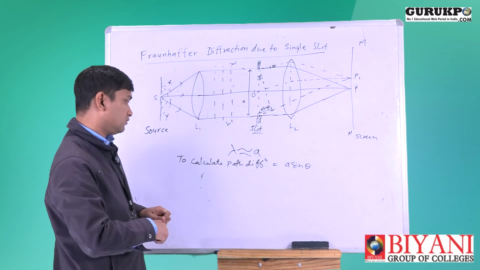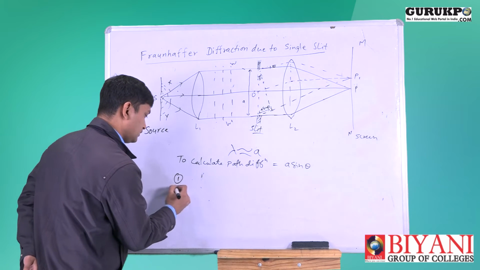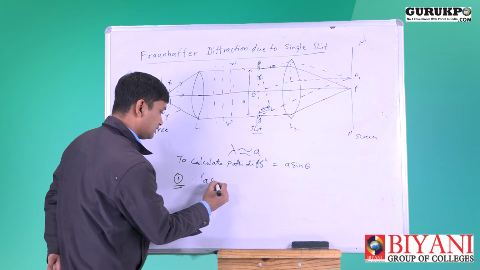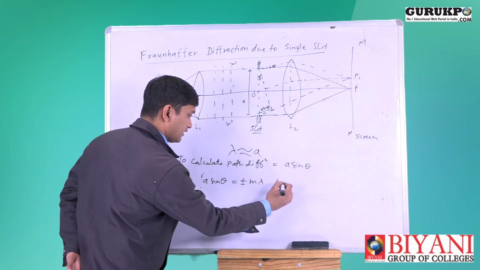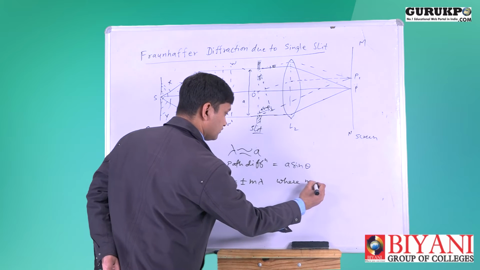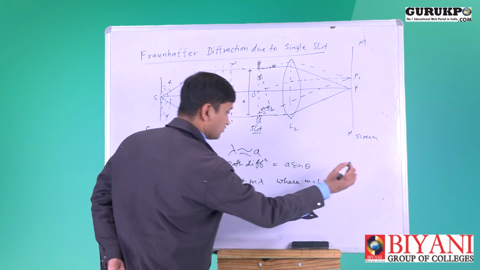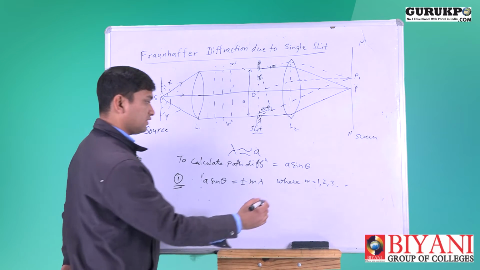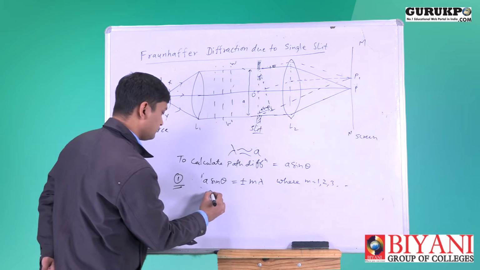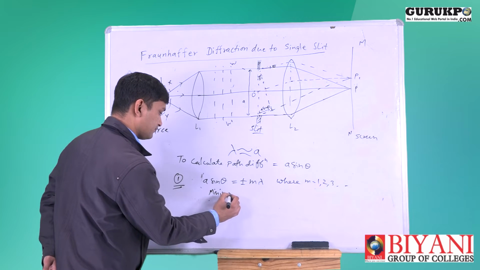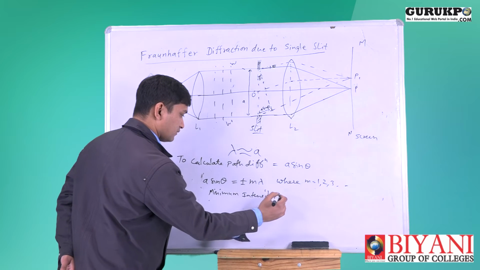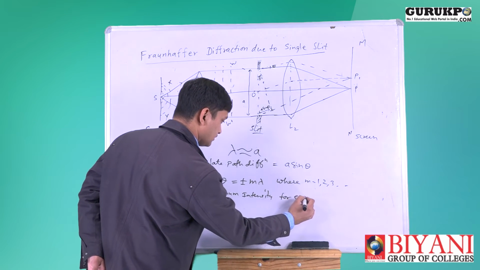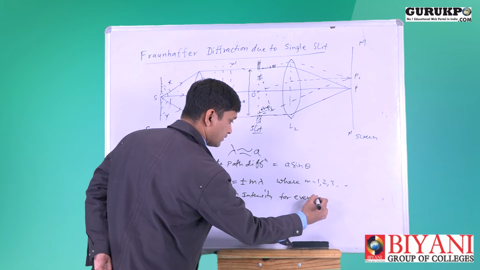So a sin theta equals plus minus m lambda, where m equals 1, 2, 3 and so on. This will be the condition of minimum intensity for even parts.